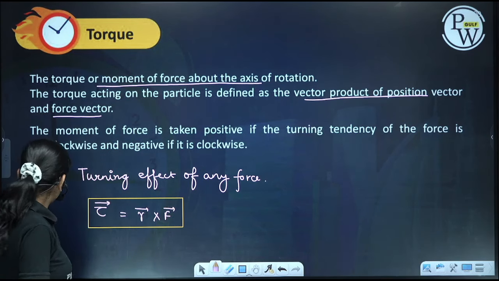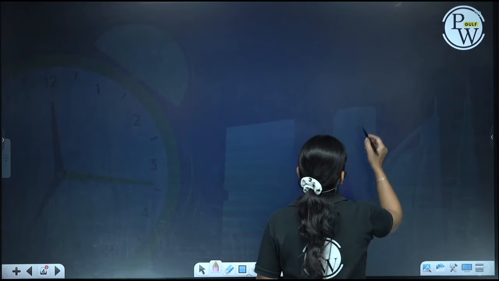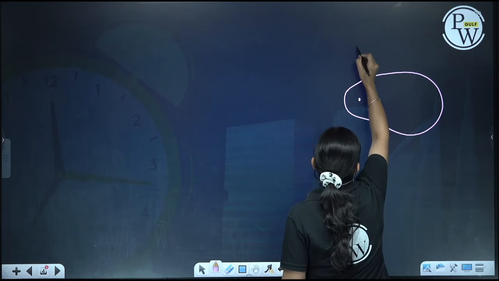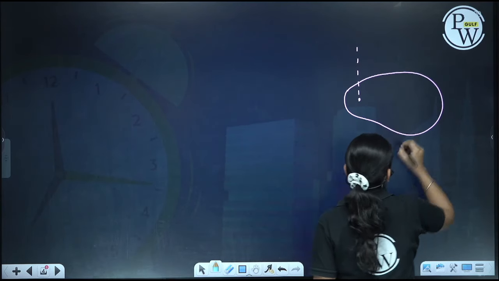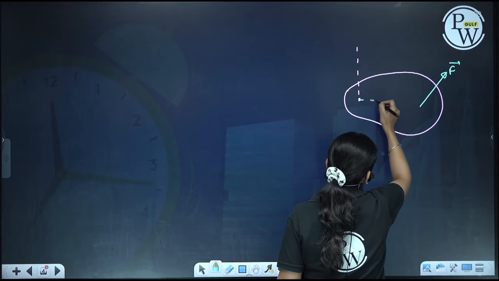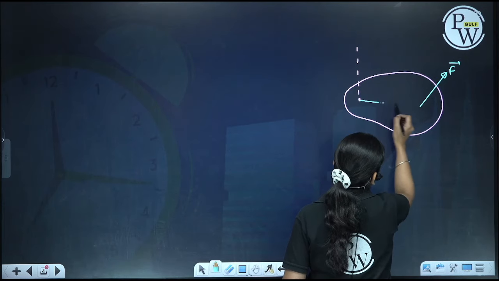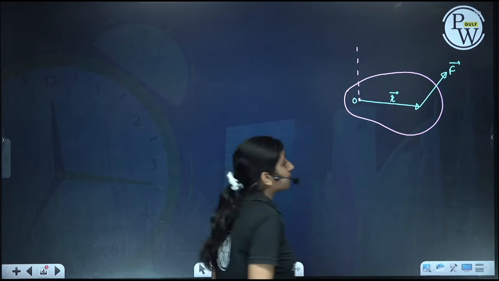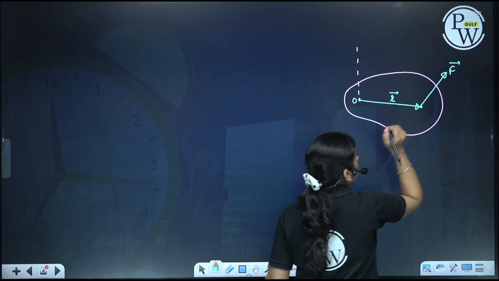Now see, if we define torque as R cross F, how do we define it? Suppose we have a rigid body, it is rotating about this axis, and a force F is acting at some distance from the axis of rotation. Now this vector drawn from the axis of rotation to the point where force is applied is called the R vector.